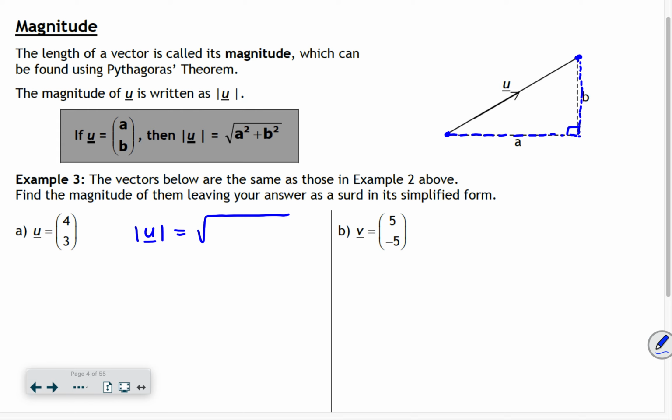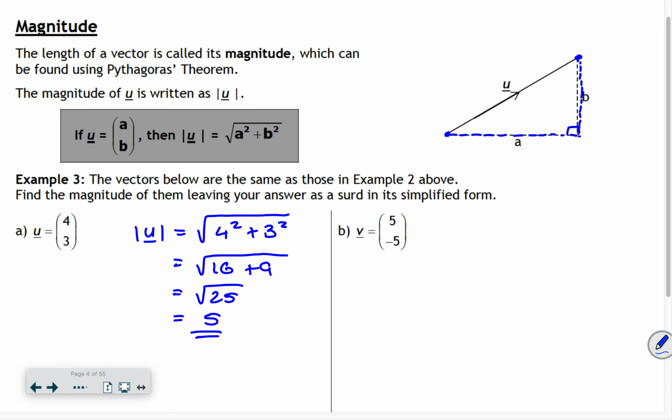So in this case, it would be 4 squared plus 3 squared. So that would give me the square root of 16 plus 9, which would be the square root of 25, which is going to give us 5. And that is Pythagoras' theorem. It's Pythagoras' theorem without us saying the very first line.